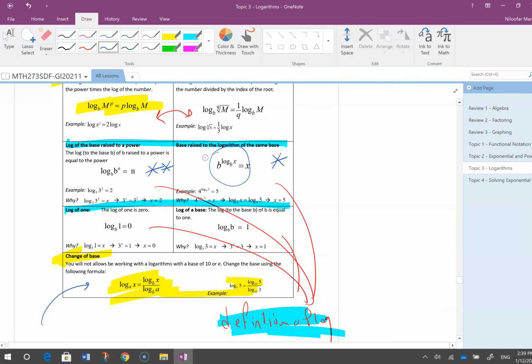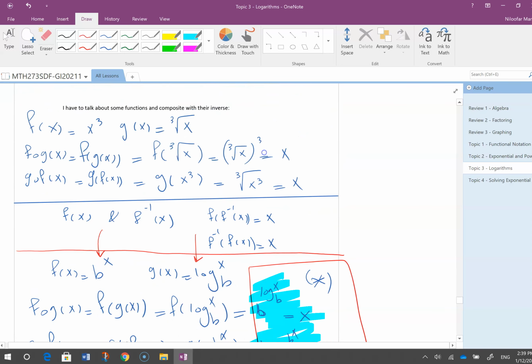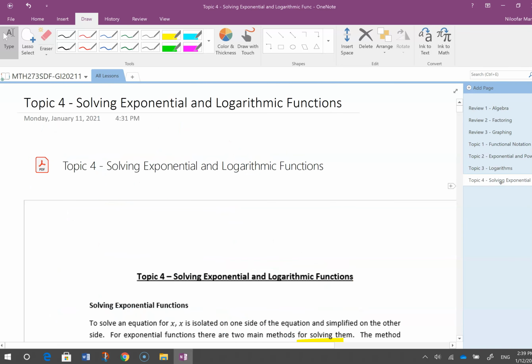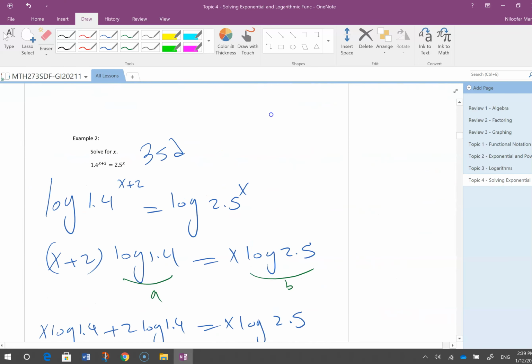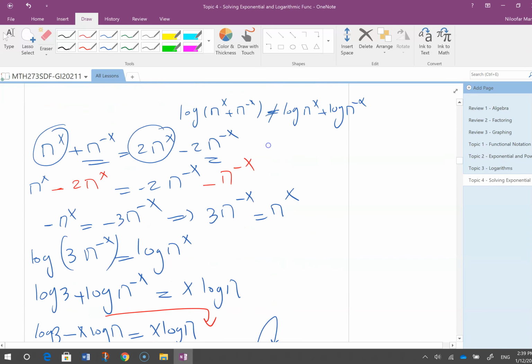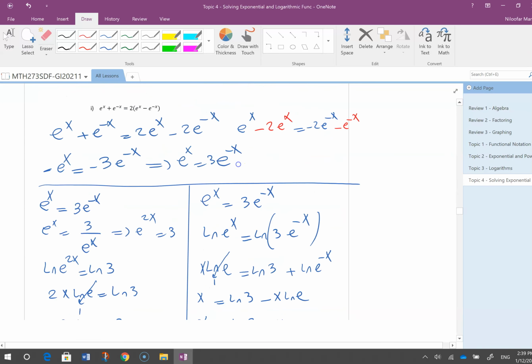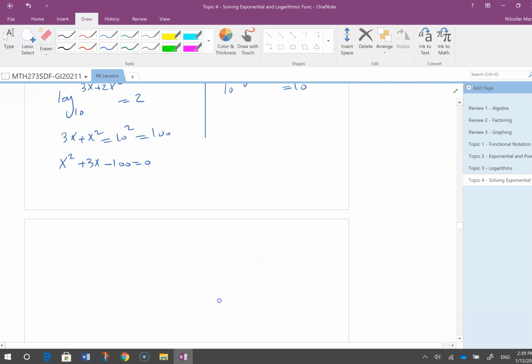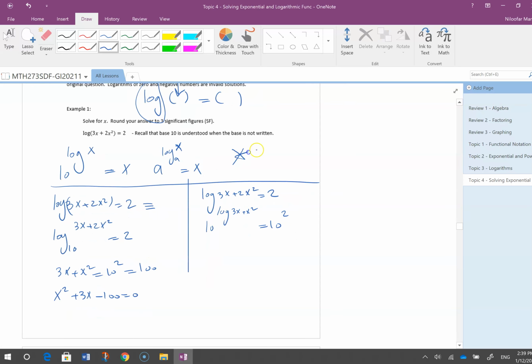So 10 power, here it is b power, doesn't matter, I can use 10 power. 10 power logarithm of x base 10, right? So I need to go back to that page. Sorry about that. Yes, that's a star, from topic 3, if you remember.